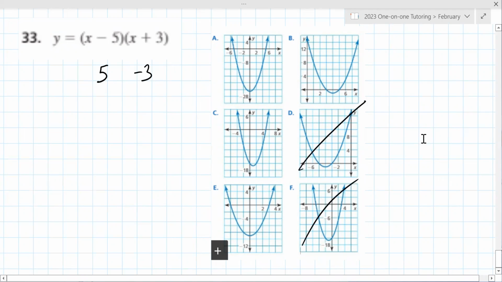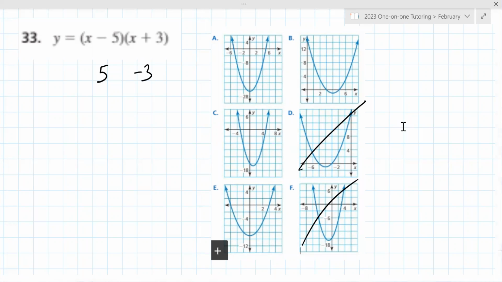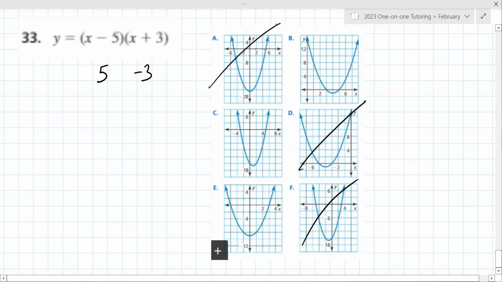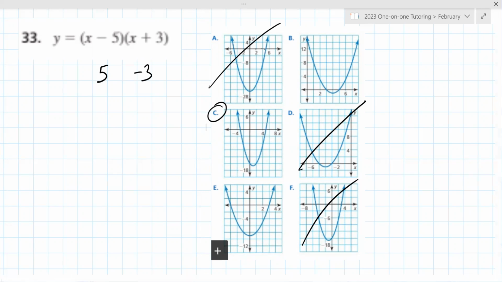So then the only other logical one would be probably A, I would say, if I had to guess. So this is 2, 4, and 5. That works for the first one. Oh wait, A doesn't work. A is out. Could C work? Yeah, C works. Okay.